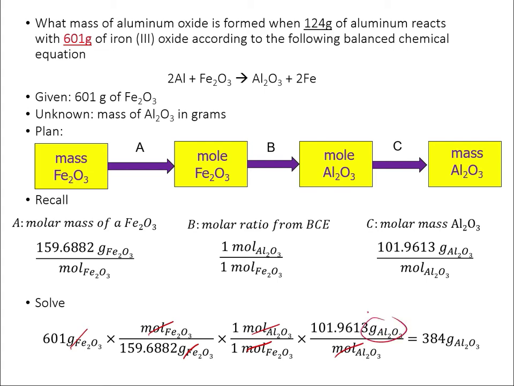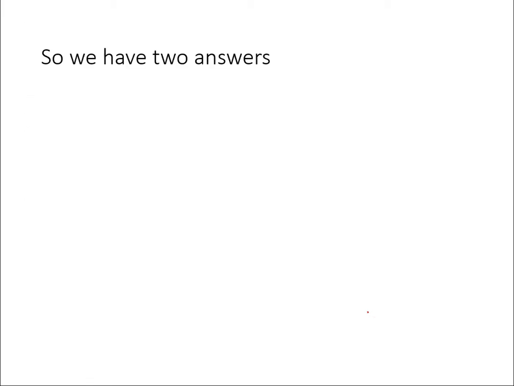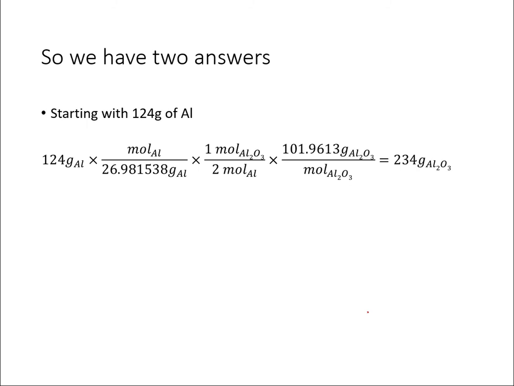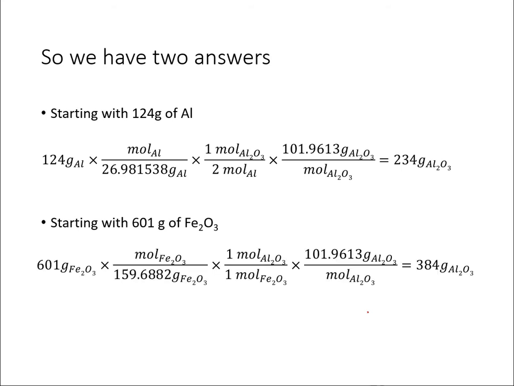We get 384 grams of aluminum oxide. So I have two answers. If I start with the aluminum, I get 234 grams of aluminum oxide. If I start with the iron oxide, I can make 384 grams of aluminum oxide.